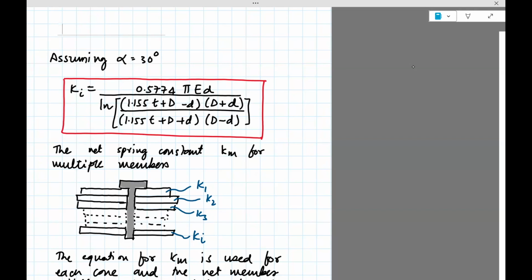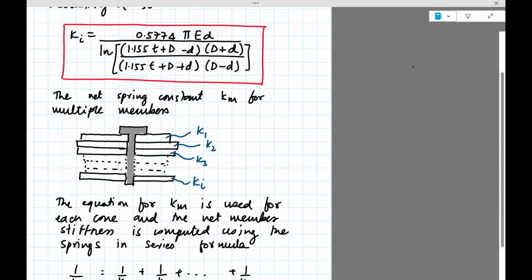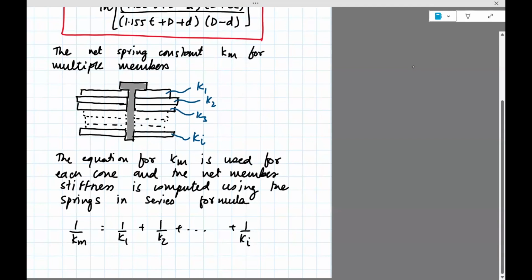Now, if you have multiple members, so K1, K2, K3, all these members are, as you can see, in series. So this is like K1, K2, K3, and so on till Ki.